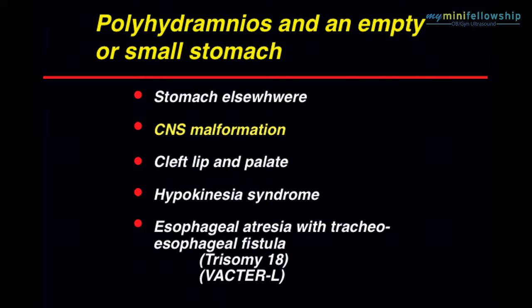Next, I consider a central nervous system malformation because this can interfere with swallowing, so the stomach will be small and there will be polyhydramnios. But central nervous system malformations are going to be far more common than esophageal atresia with tracheoesophageal fistula.